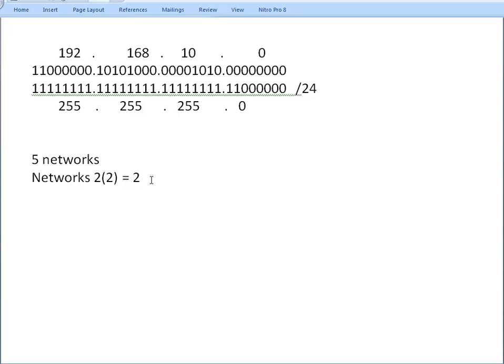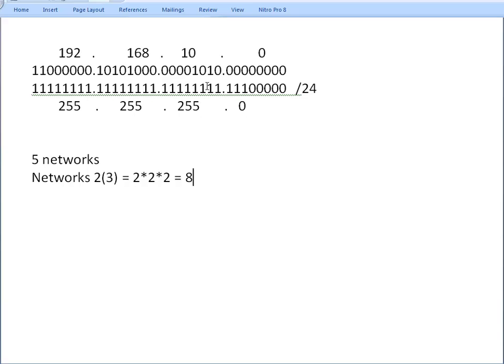So the formula will become 2 times 2, which is 4. Not enough still, so we need to borrow one more bit. The formula here will change to 2 to the power 3, which is 2 times 2 is 4, times 2 is 8. Well, that's good. We need 5 networks, but the closest we can get is 8 networks.